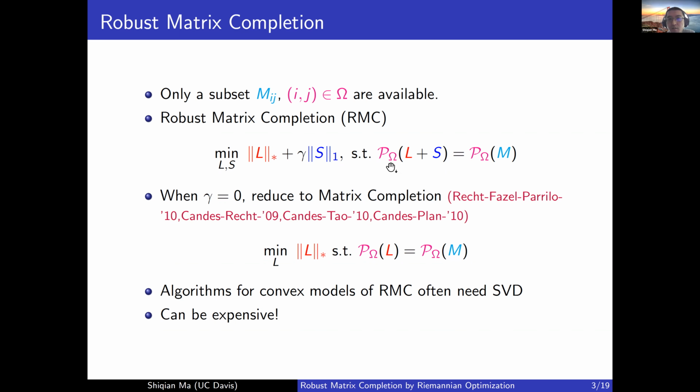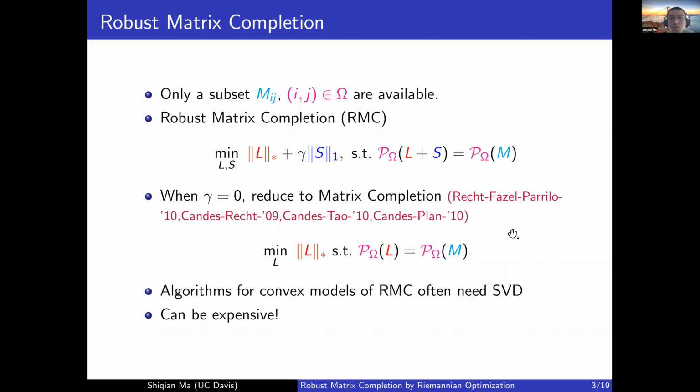And when the parameter gamma equals 0, this problem reduces to the original matrix completion problem that we have known for about 10 years. So when gamma equals 0, we are minimizing the nuclear norm of L subject to this constraint. This is the matrix completion problem.